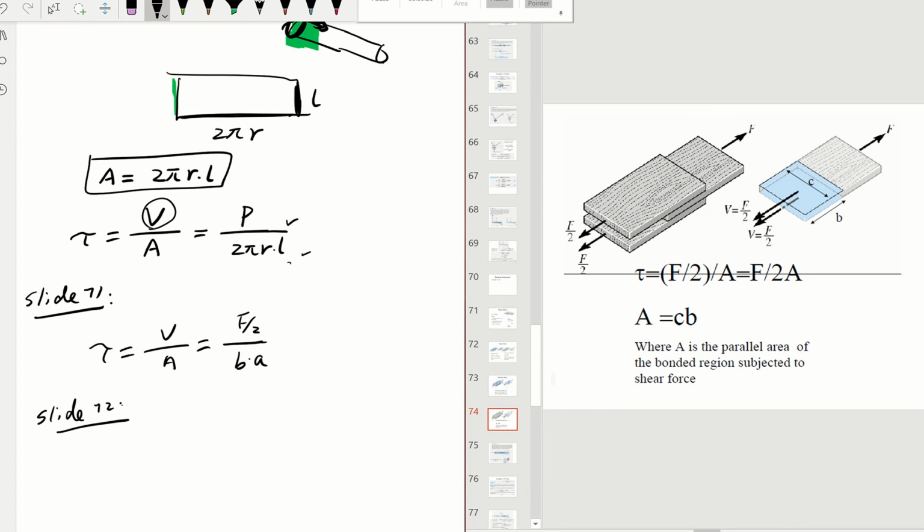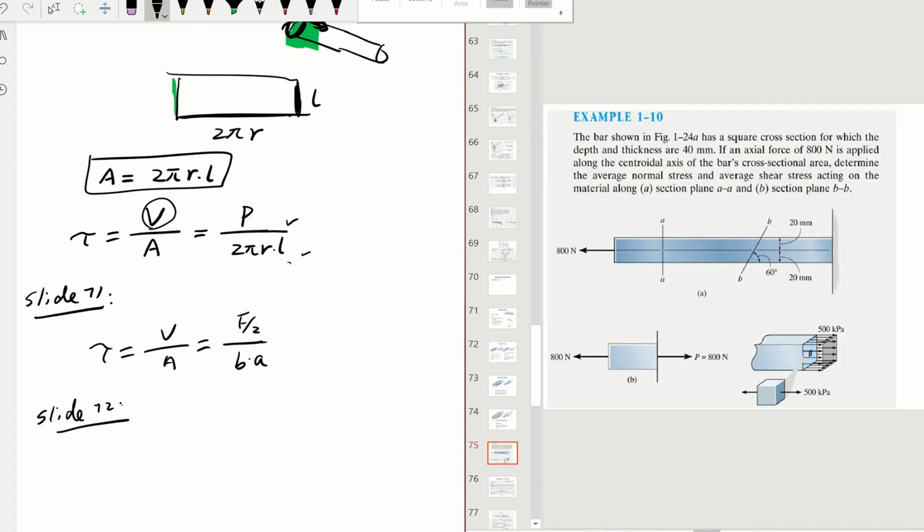In that situation, you also have two shear surfaces, one on the top and one as a mirror image at the bottom. Together, they balance this external force, so that would be F over 2 for the internal shear. And for the wooden glue, the area is this contact area, B times C. That's going to be the double shear. Okay.